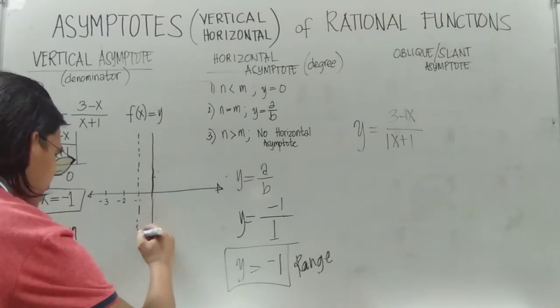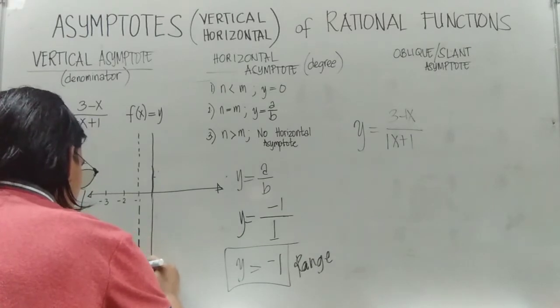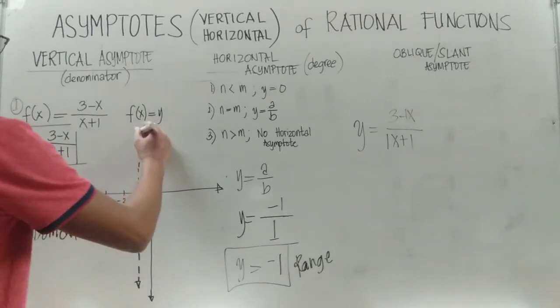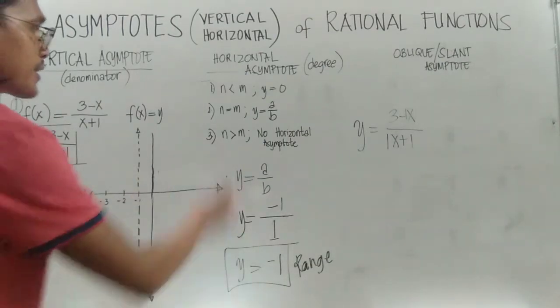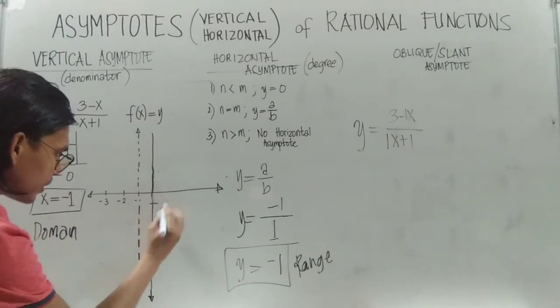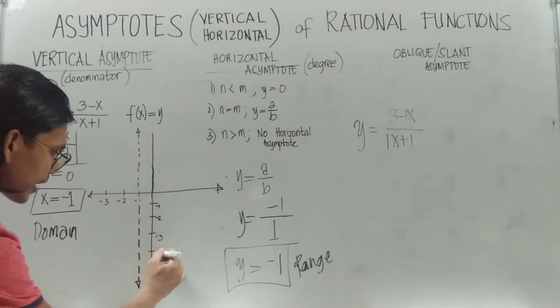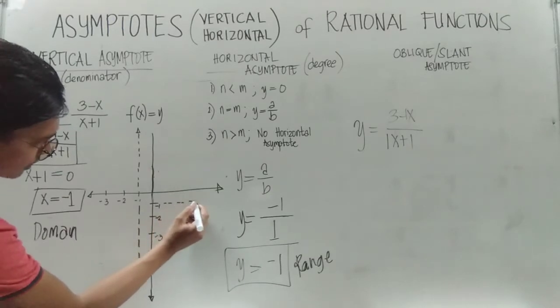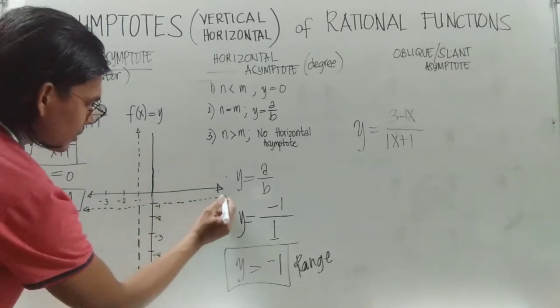Your asymptote is always denoted by a broken line. So this is your vertical asymptote. How about your horizontal asymptote? We have units -1, -2, -3, and -4. Then your horizontal asymptote will pass through y equal to -1. So this is your horizontal asymptote.